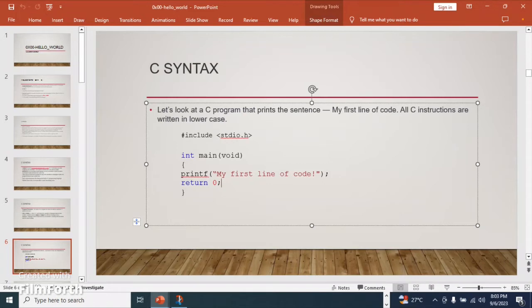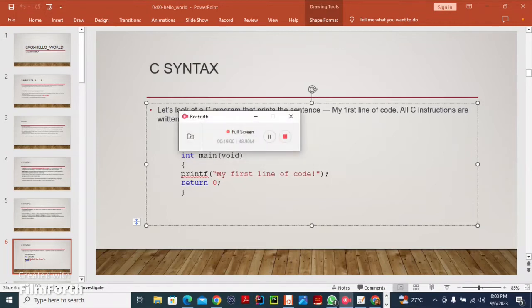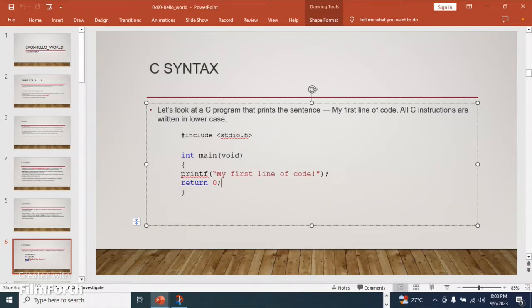Is there any question? Sorry, can I ask a question? Okay. Can I ask a question? Yes, I'm hearing you. Okay, if I should get you clearly, you said the first one, the stdio is the header.